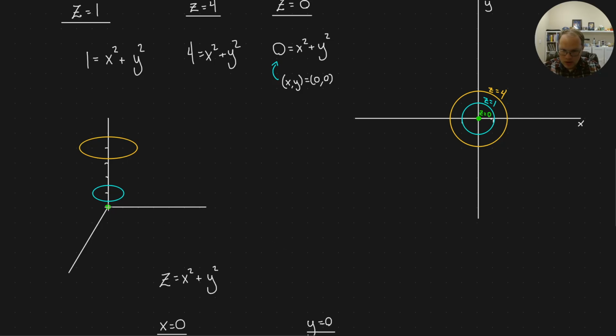So x equals 0, so now I'm in the yz plane. Get that. And if I'm in the xz plane, that would be this plane here. I get the same thing. I just have to be careful to sketch the perspective as best I can.